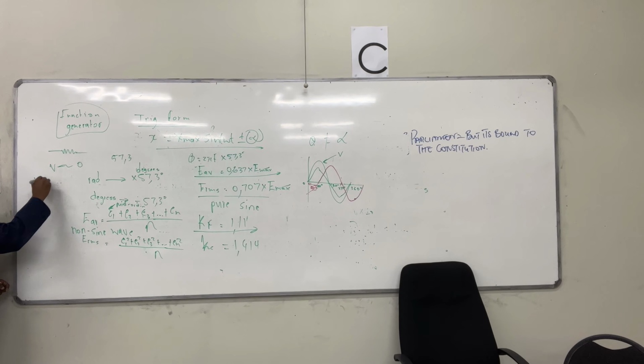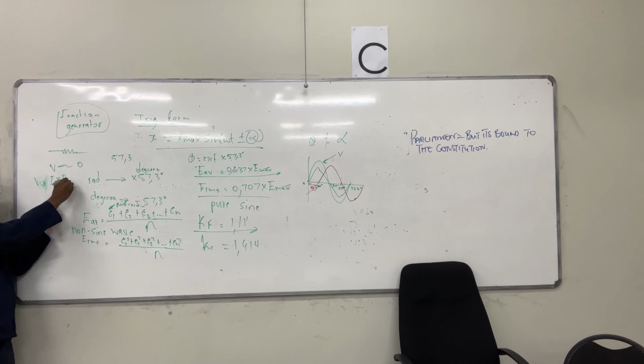Remember, voltage equals I times resistance. If the resistance is very, very small, what does that mean about the voltage across?